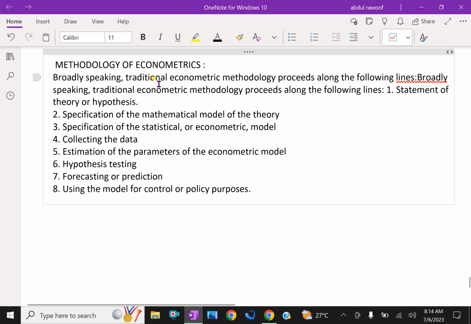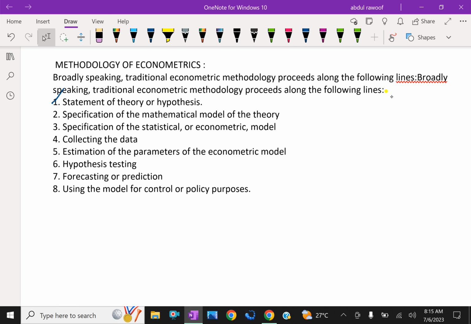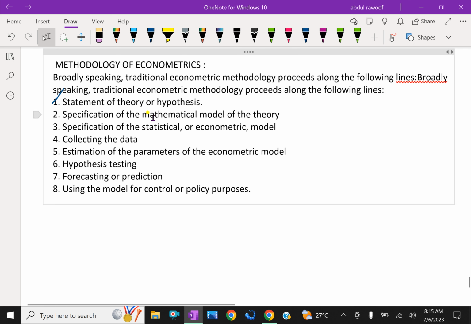Broadly speaking, traditional econometric methodology proceeds along the following lines. First, the statement of theory or hypothesis. Second, specification of the mathematical model of the theory, which we use for econometric decisions.